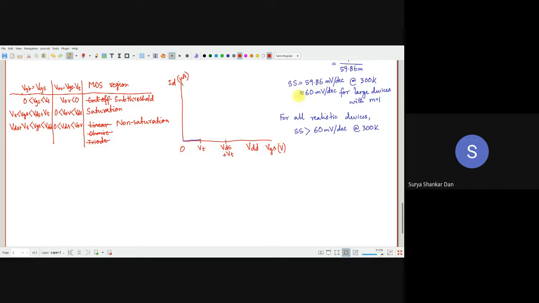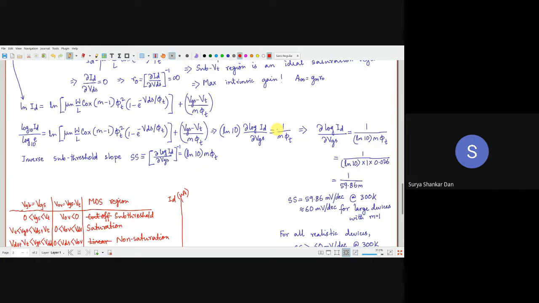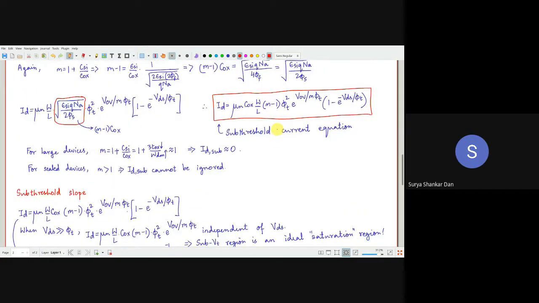Now, as we will see today, look, it is ID. As you can see, ID is proportional to e to the power of VOV by m phi t. Okay, what is VOV? VGS minus VT. So basically what we understand is ID is proportional to e to the power of VGS by m phi t actually. I will explain how you arrive at this fantastic equation.